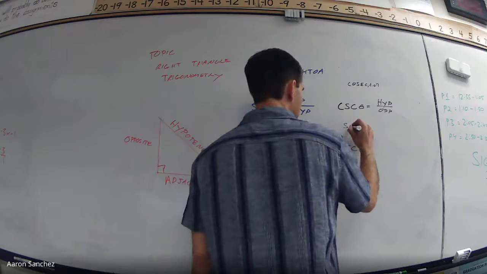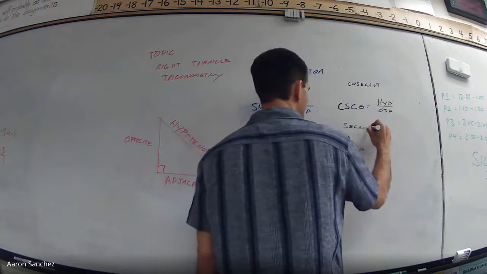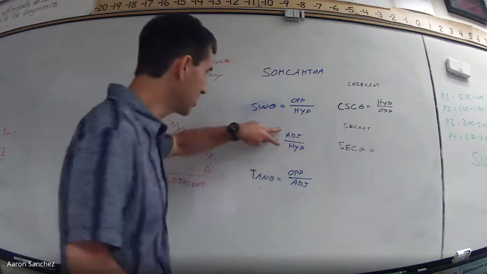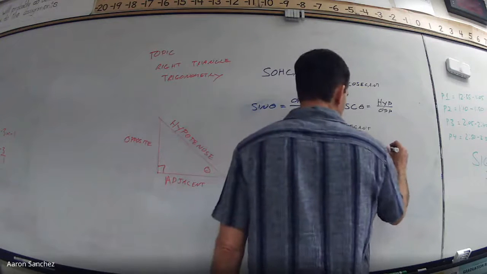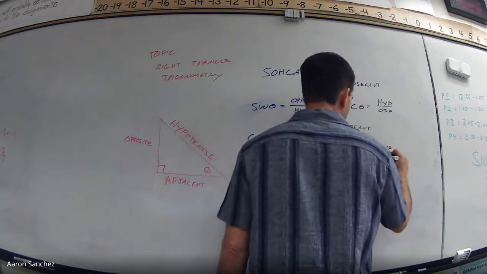Now, secant of theta, spelled like this, is equal to, look at cosine, hypotenuse over adjacent.